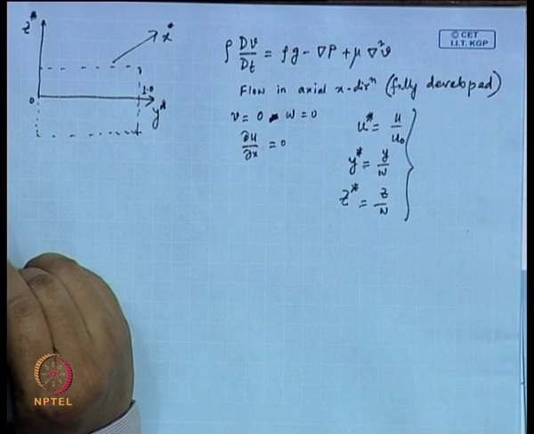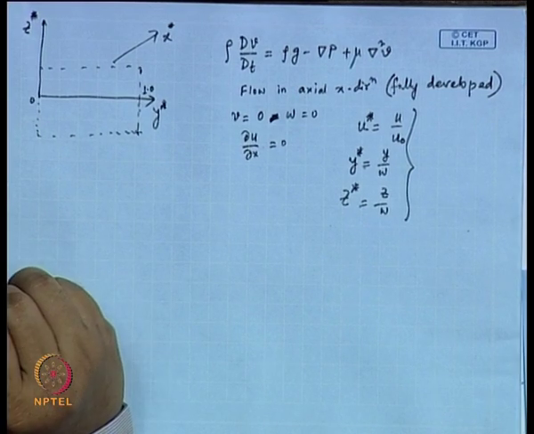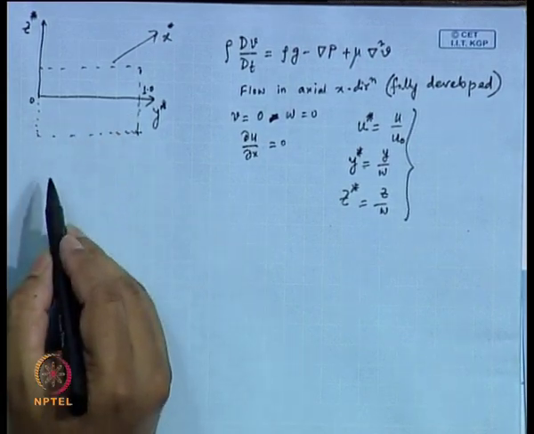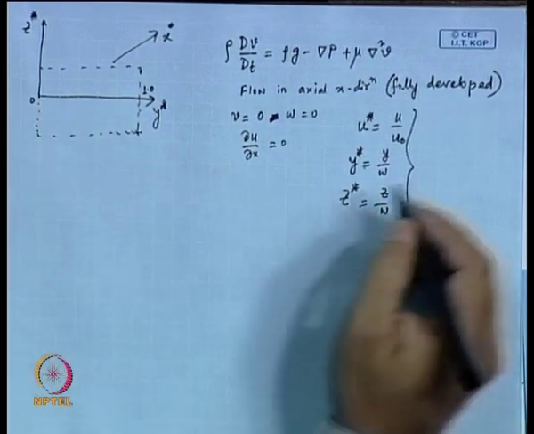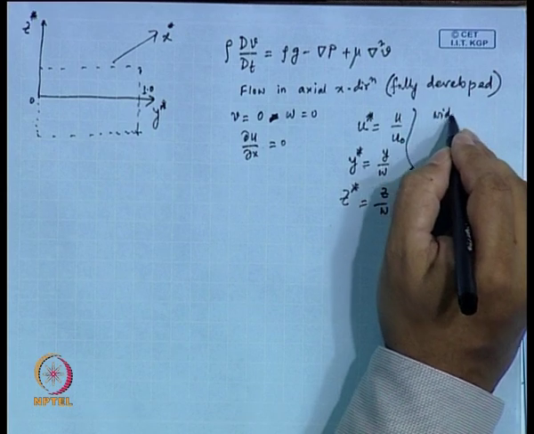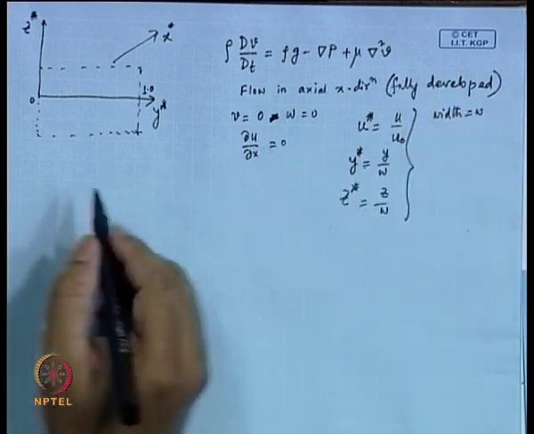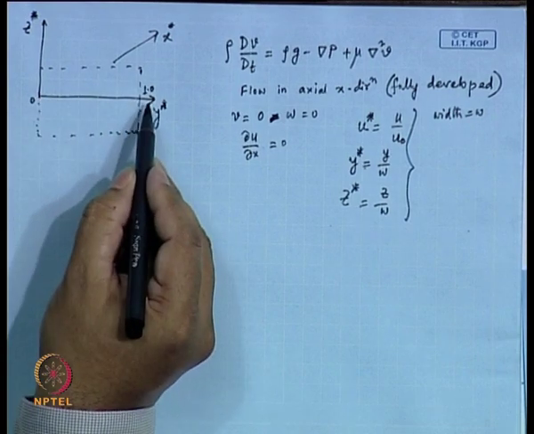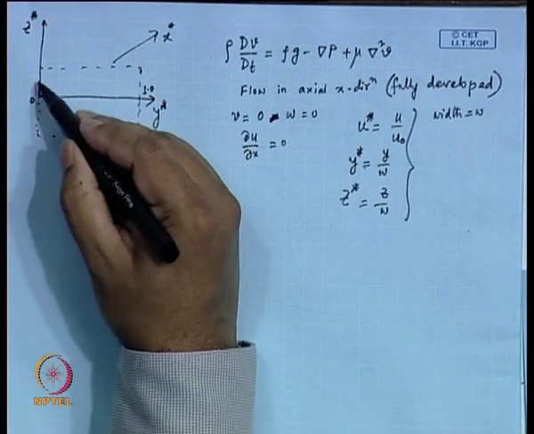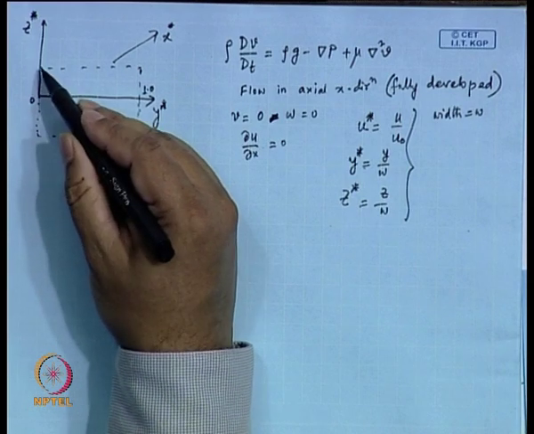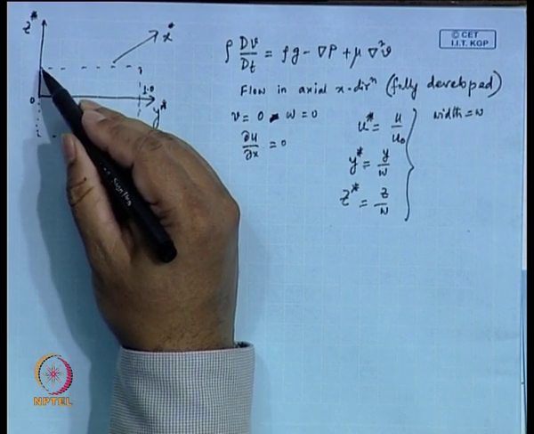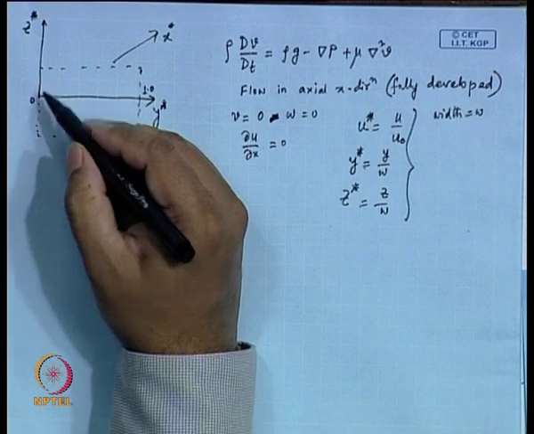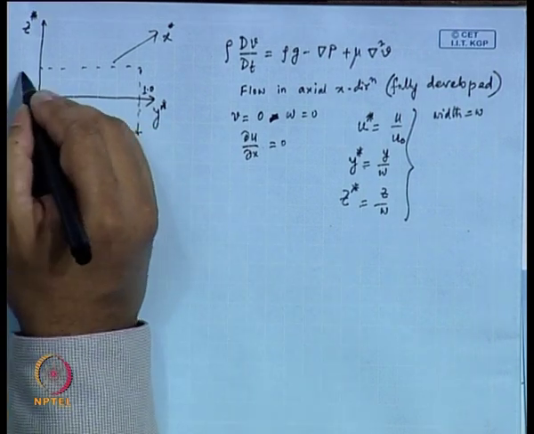Because the width of the channel is w. What we define by width? This is the width, this is the height.